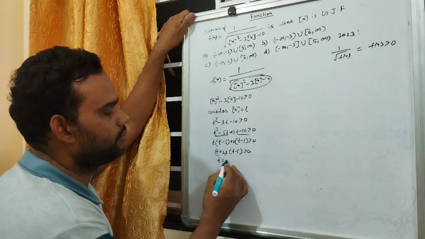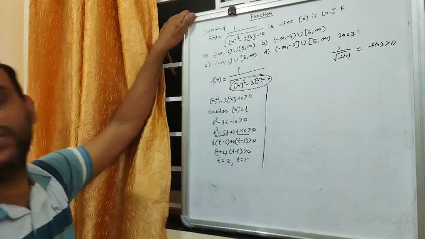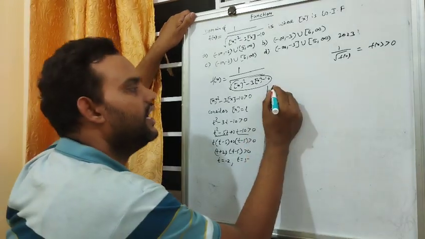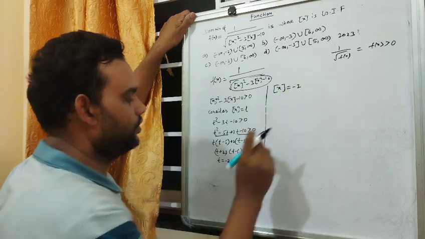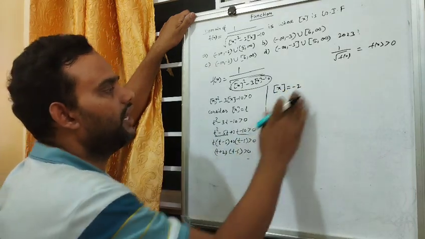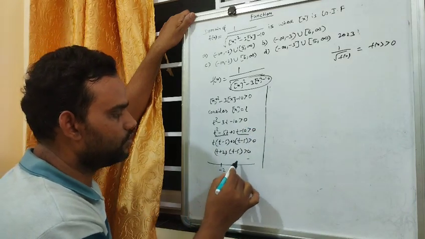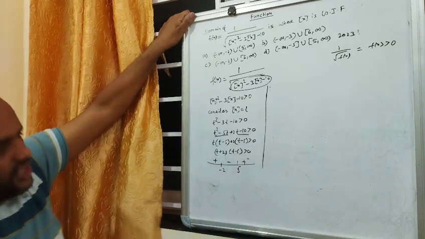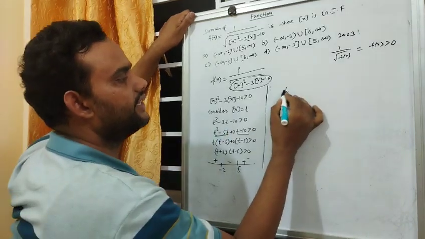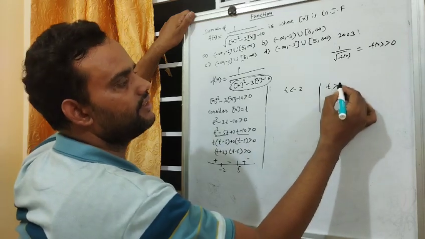So t equals minus 2 and t equals 5. But we know what t is here: greatest integer x. On the number line, first we write minus 2 and 5, with signs plus, minus, plus. So here t is either less than minus 2 or t is greater than 5.